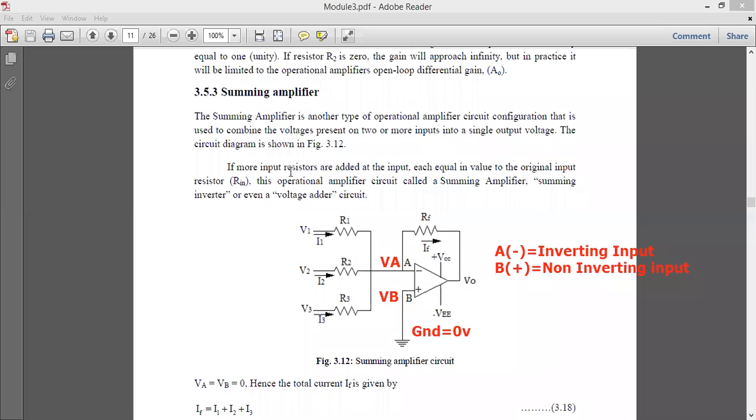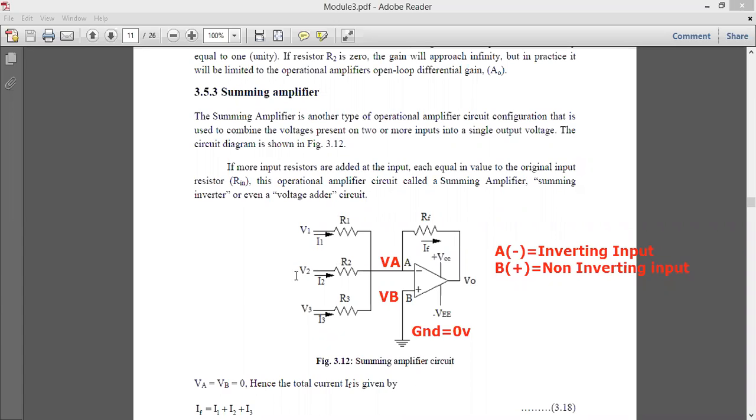If more input resistances, equal in value to the original input resistance R in, are added at the input, this operational amplifier circuit is called a summing amplifier. अगर आप एक से ज्यादा वोल्टेज यहाँ पे बढ़ाएंगे और इनपुट A पे अप्लाई करेंगे तो वो आपका summing amplifier बनेगा.